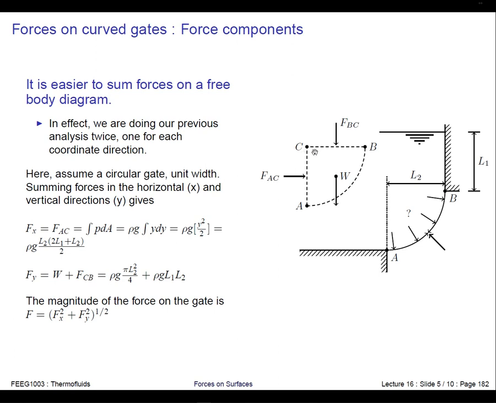So there's a force on this particular surface of this control volume because of the weight of the fluid above this volume, and there'll be an additional vertical force on this curved gate due to the weight of the fluid inside this volume. So there's going to be another vertical component of force that's acting on this gate that has to oppose these two forces, because effectively it's a static problem and all of our forces have got to be in equilibrium.